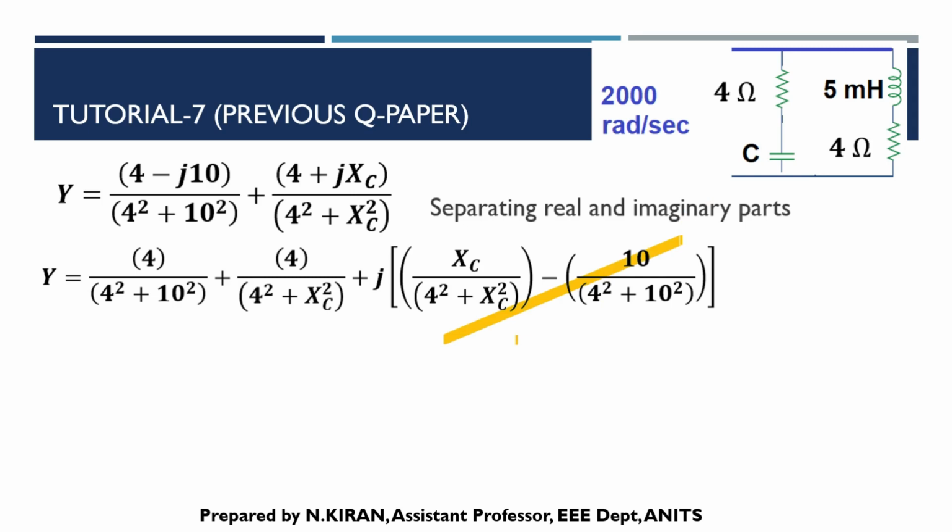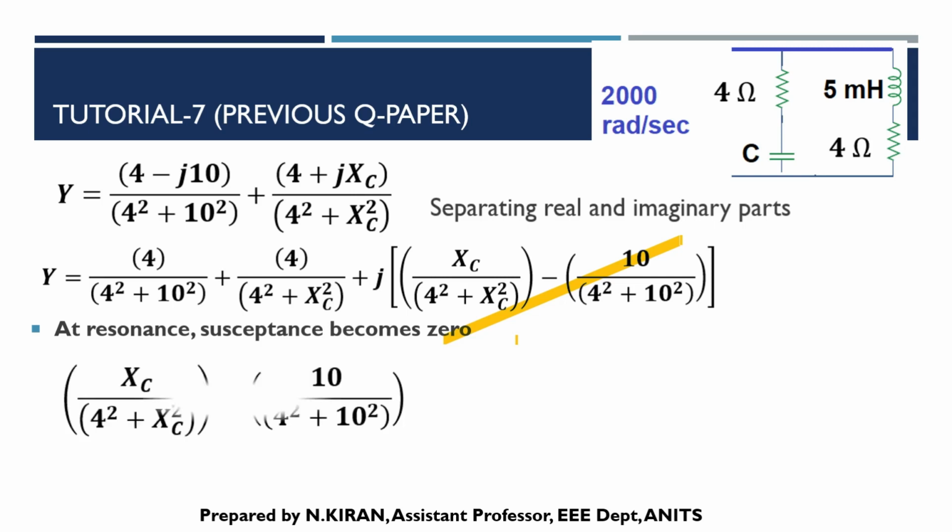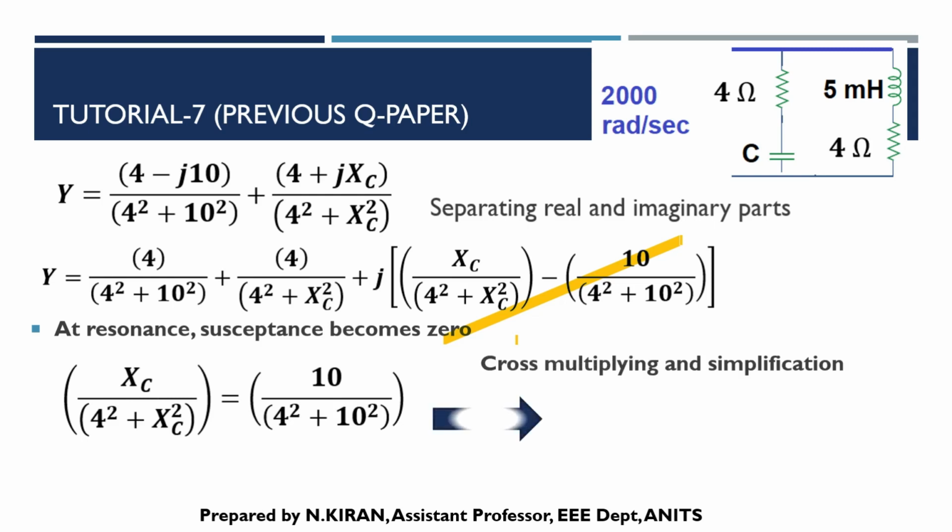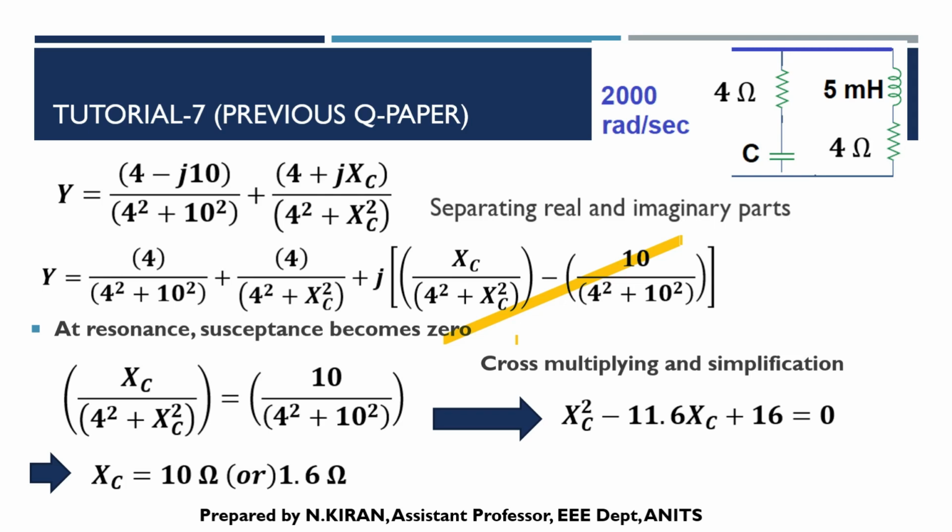So equating the imaginary part of admittance to 0, we get the value of XC. On cross multiplication and simplification, we get a quadratic equation in XC, which is XC square minus 11.6 XC plus 16 is equal to 0. Finding the roots of this quadratic equation gives the value of XC as 10 ohms or 1.6 ohms.